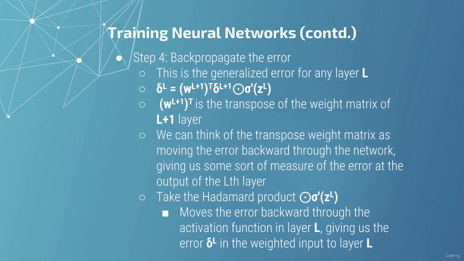And at that layer, we find a measure of this error. Now we know what this measure is, so we can adjust these weights and biases accordingly because we know what the measure of the error is at this specific layer.